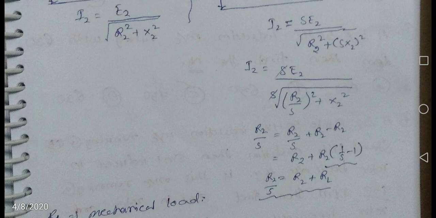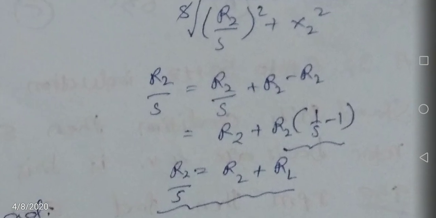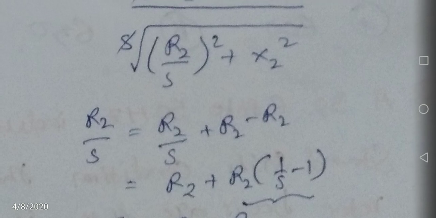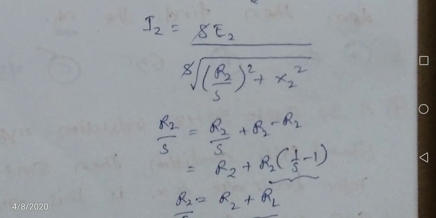So R2 by S equals R2 plus RL. The RL here is R2 into 1 by S minus 1.